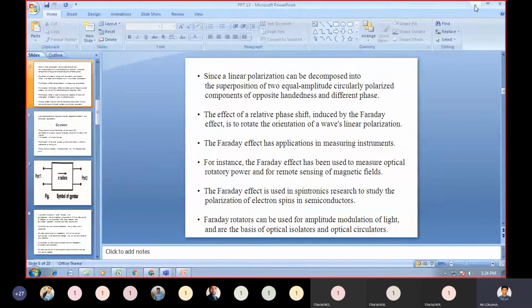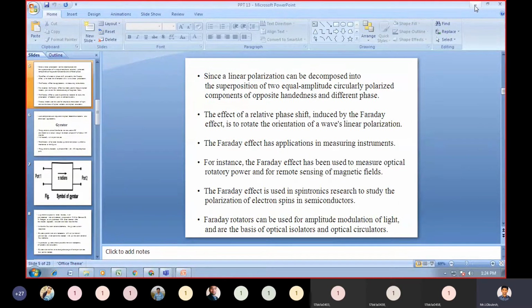And the Faraday effect is used in spintronics research to study the polarization of electron spins in semiconductors.